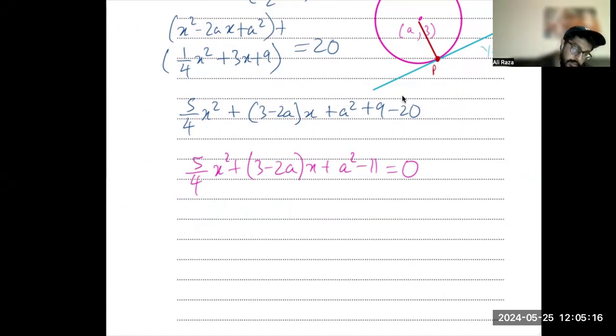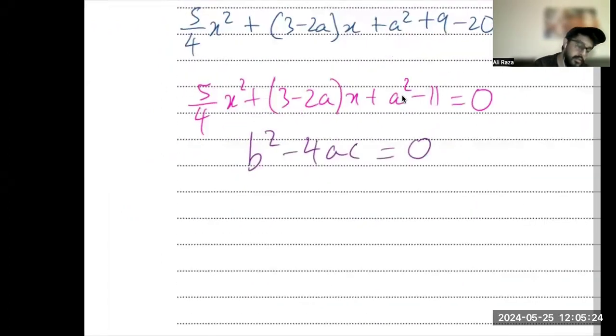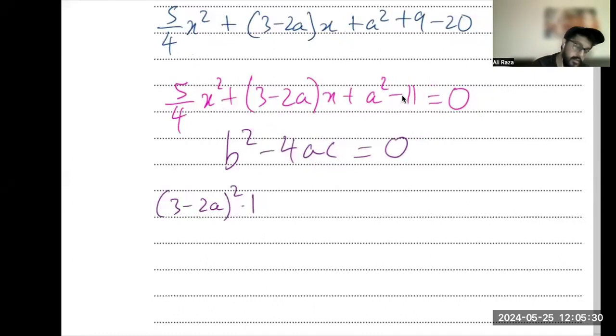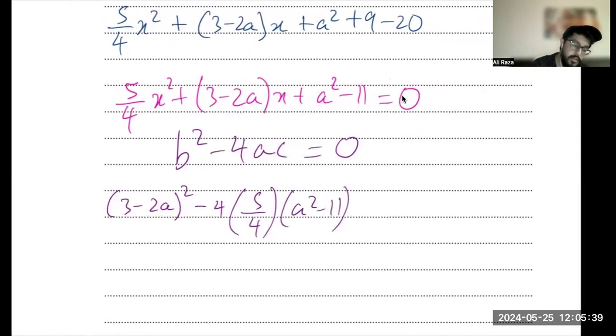I'll need to apply b squared minus 4ac on this and equate it to 0. b squared over here would be (3 minus 2a) whole squared minus 4 times 5 over 4 times (a squared minus 11) is equal to 0.